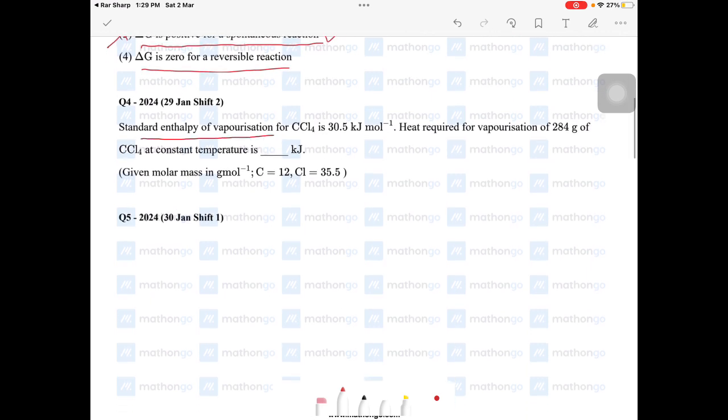Next, standard enthalpy of vaporization of CCl4 is 30.5 kilojoules. Heat required for vaporization of 284 grams of CCl4 at constant temperature. So it is a cross multiplication question. Now molar mass of CCl4 is 154.